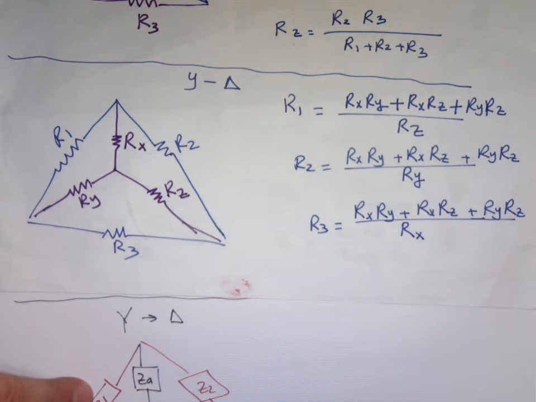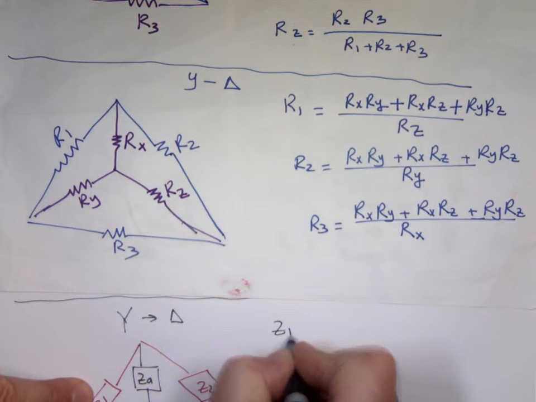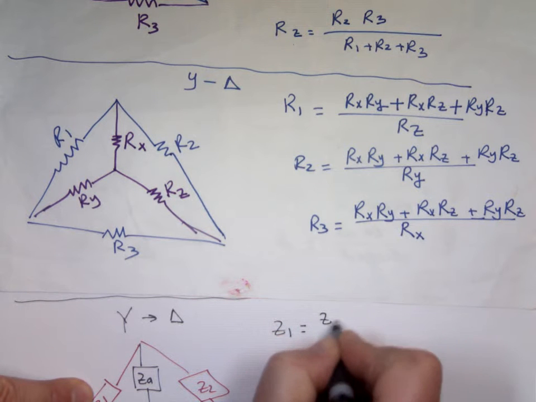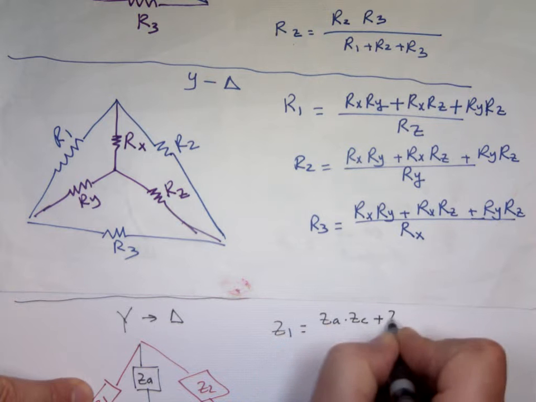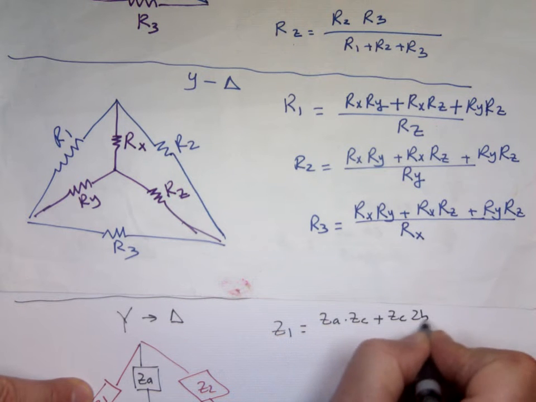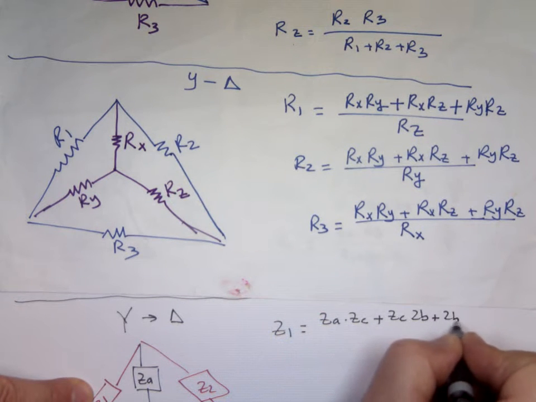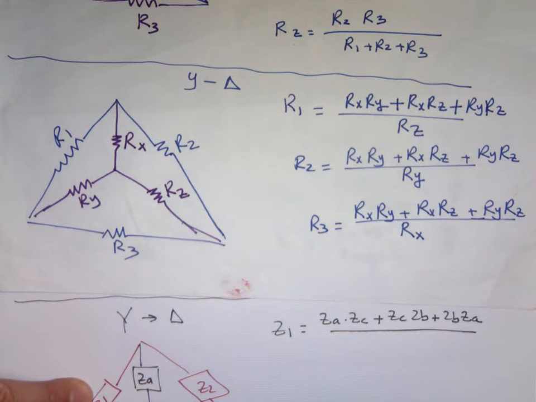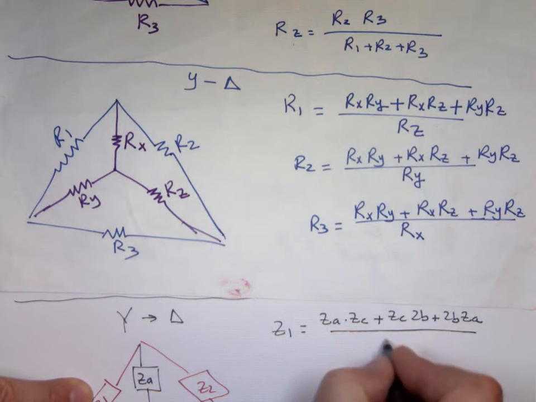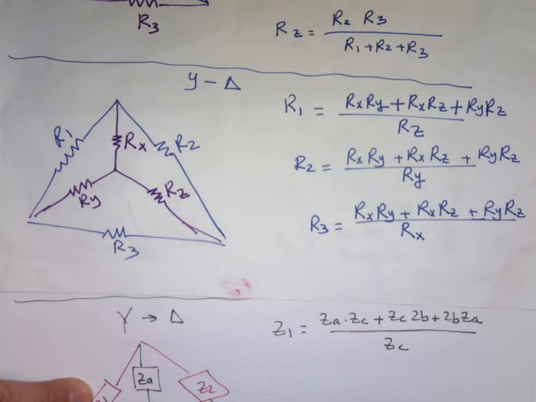So if I want to find Z1 here, it's going to be ZA times ZC plus ZC times ZB plus ZB times ZA, over the impedance opposite to that, which is ZC. Z2, the top is always the same: A times B, or A times C, C times B, B times A.